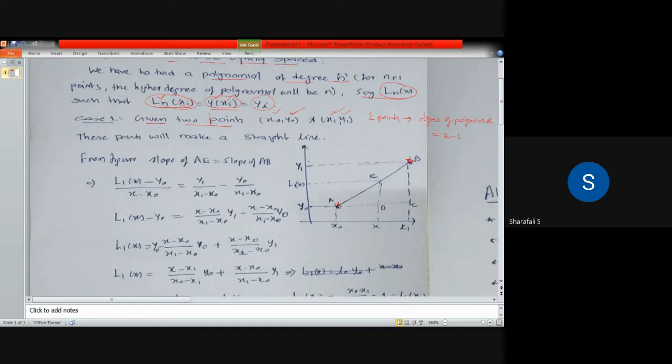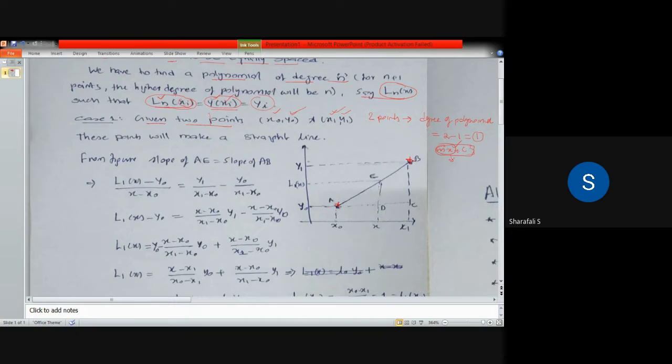If you are having n plus 1 data points, then n will be the highest degree of polynomial. So this is 1, the highest degree of polynomial, which means this is like mx plus c. This kind of polynomial you can have, but this is nothing but a straight line. If you're having mx, that is a straight line.